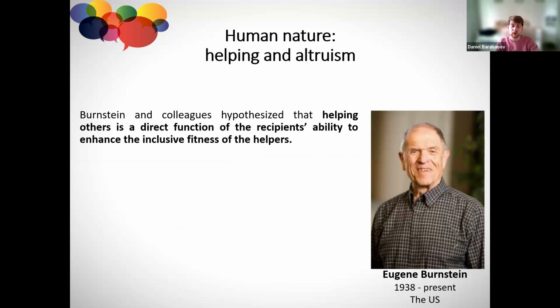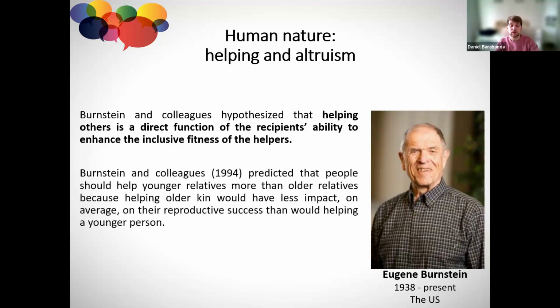And altruism probably evolutionarily originated from our intention to help our close relatives to increase the chances of our genes' survival. So it wasn't full altruism, it was a bit different.